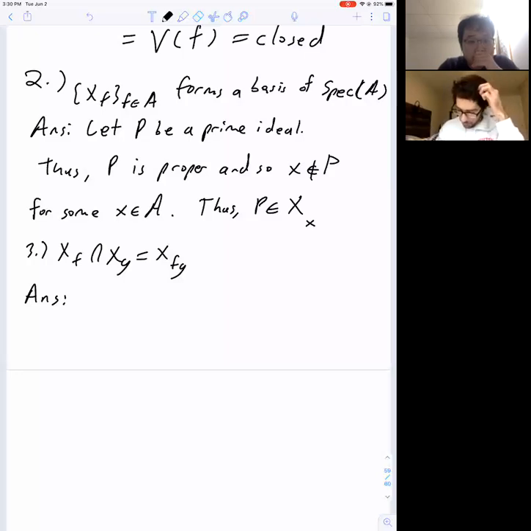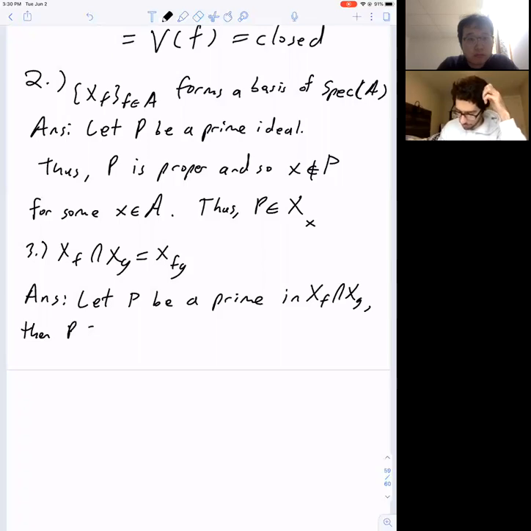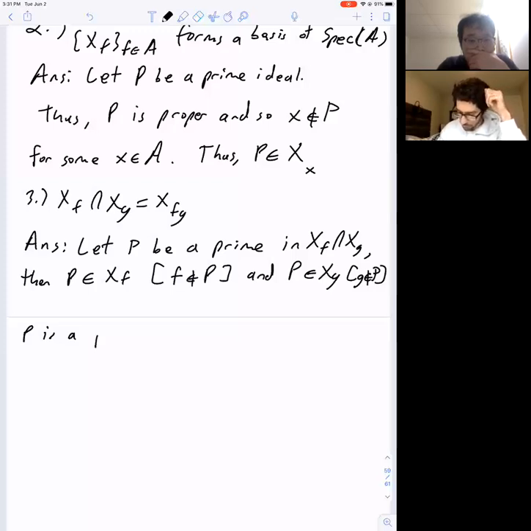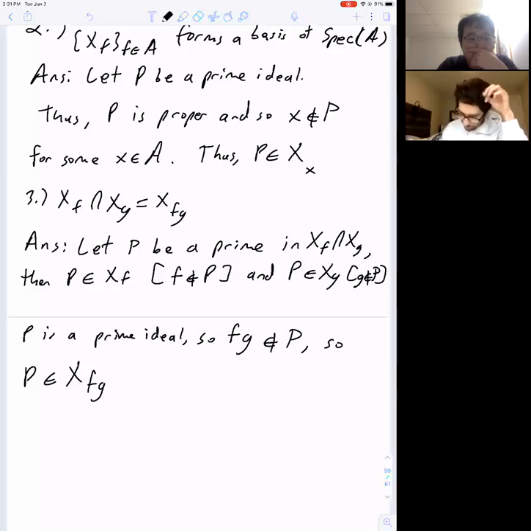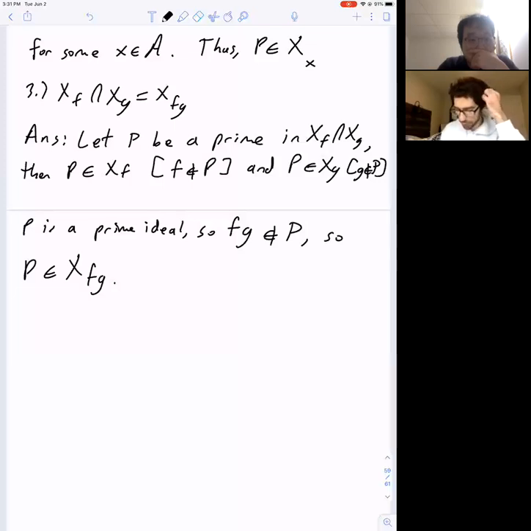So let P be a prime in X sub f intersect X sub g. Then P is in X sub f, so f is not in P, and P is in X sub g, so g is not in P. So by the fact that P is prime, the product fg is not in P. So that means P is in X sub fg.